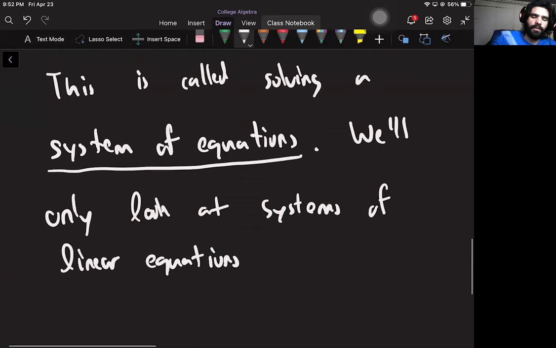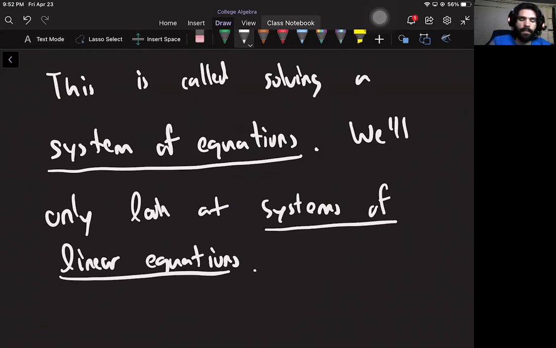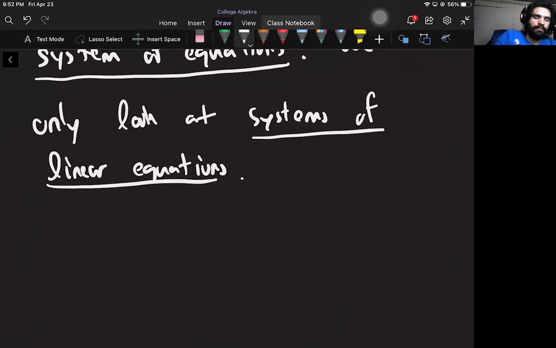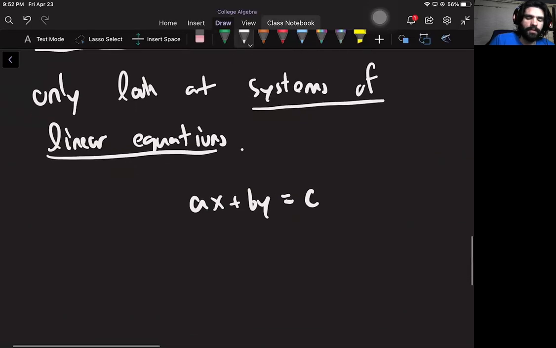Linear equations are ones that create lines when you graph them. They always look like a number times x plus a number times y equals another number. And we're going to look at more than one at the same time.